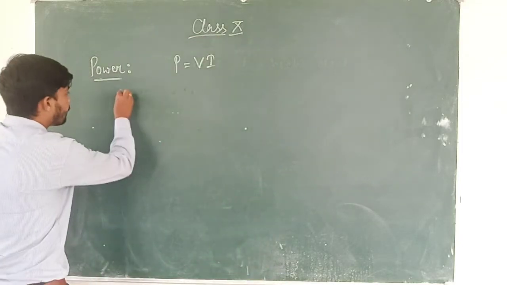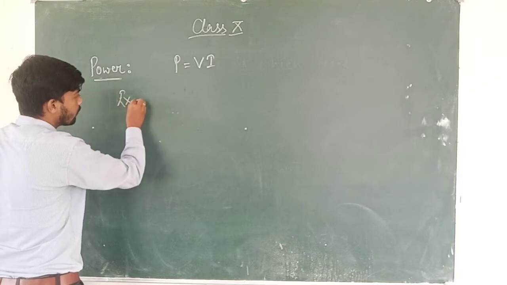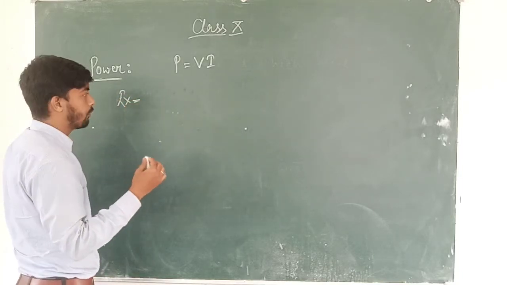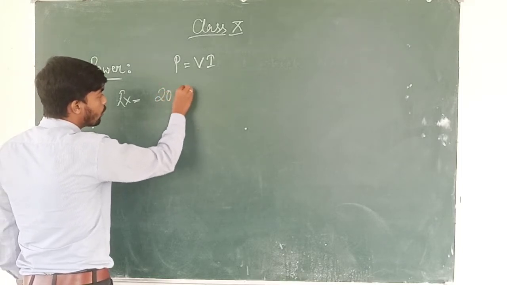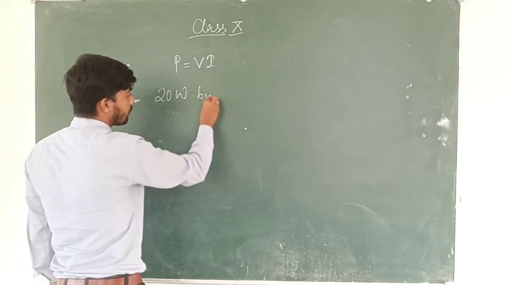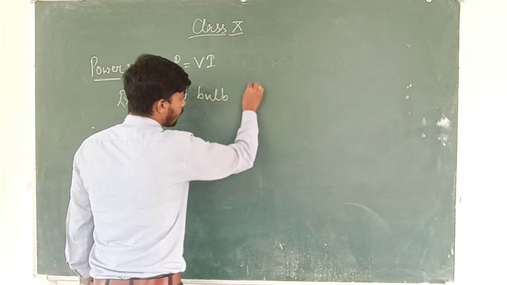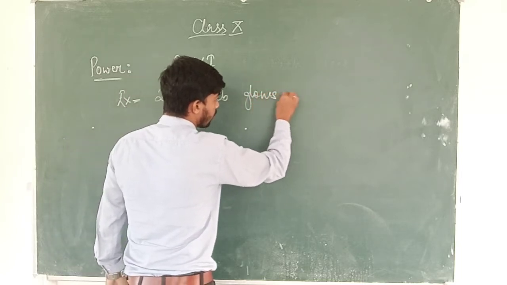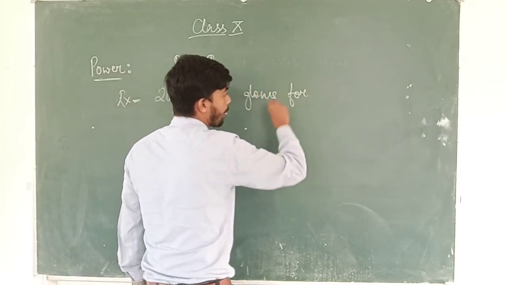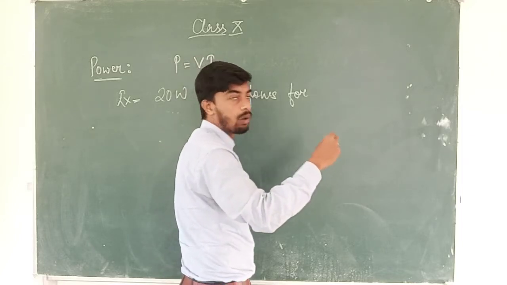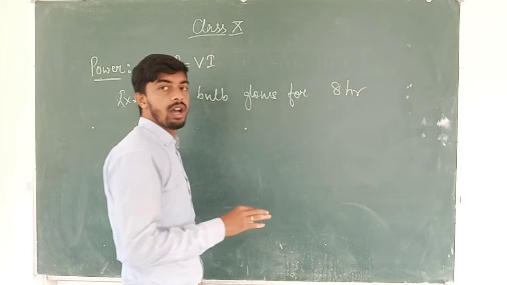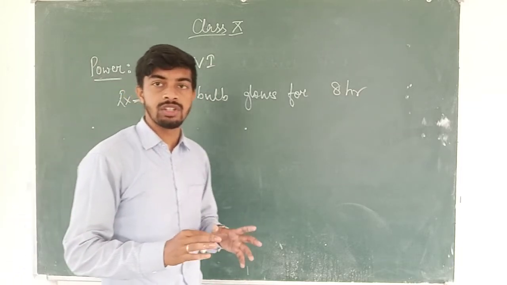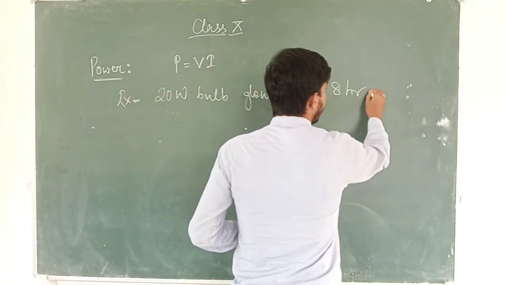So for example, there is a CFL bulb of rating 20 watt which glows for, for example, 8 hours a day. We have to find how much energy is consumed by the bulb.